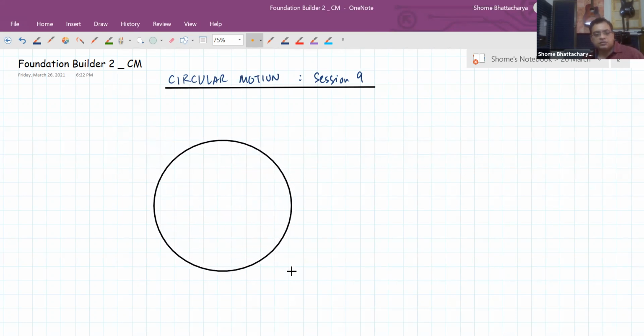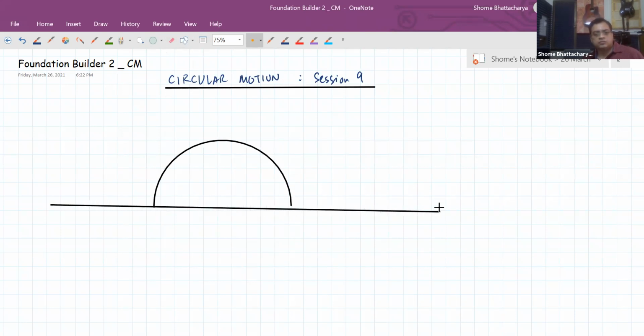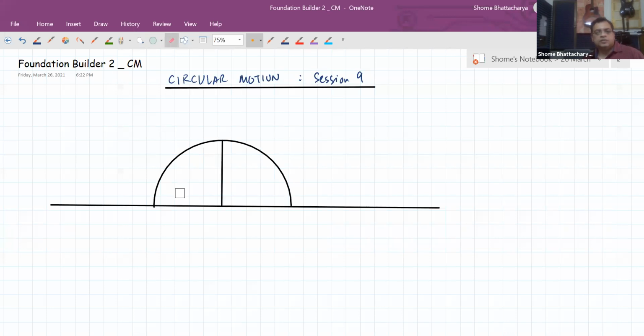So let's start with another example of another situation of vertical circular motion today. So now we have this kind of situation.